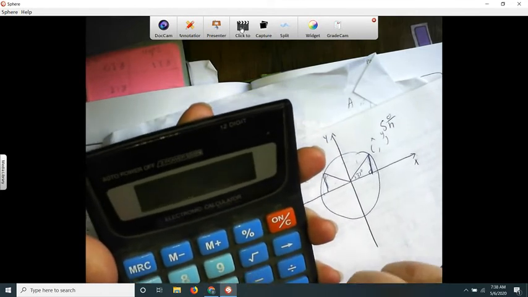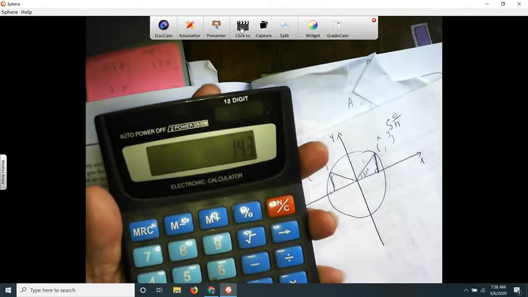What's 180 minus 37 anyway? Let's see. 143 degrees. So even though right in here this would be 37, the angle measure is 143. So I got 143 degrees and I got 37 degrees.